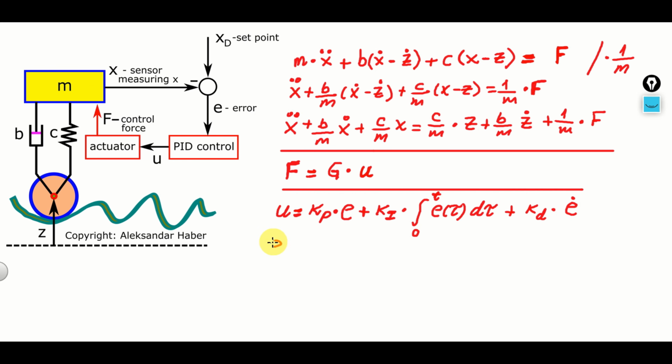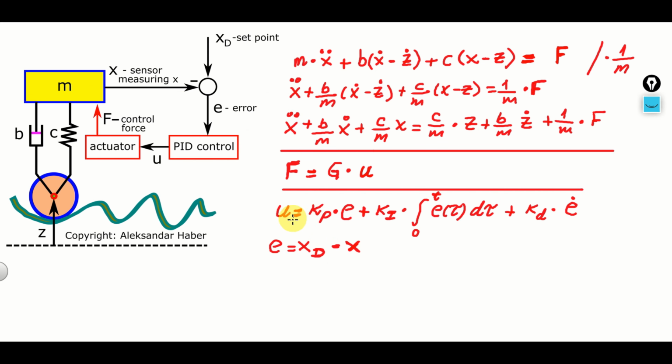The error is defined as, let's look at the block diagram, xd, where xd is actually the set point or the desired value for x, minus the measured or the true value of x.